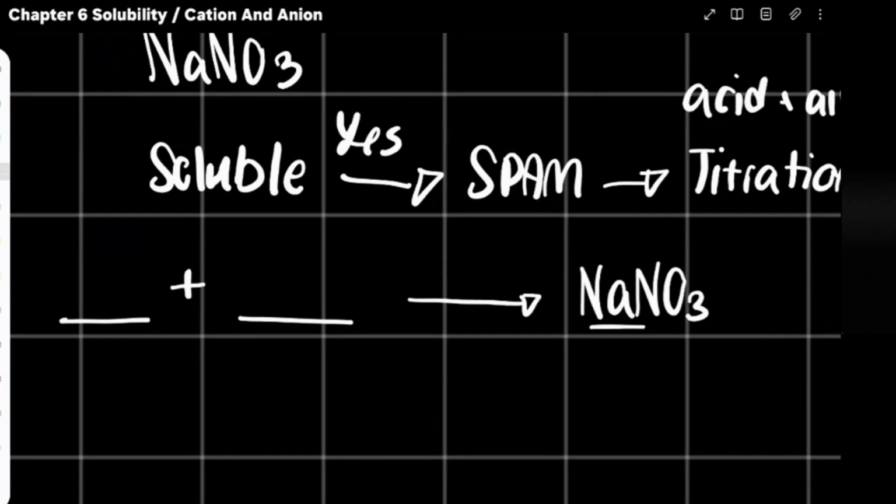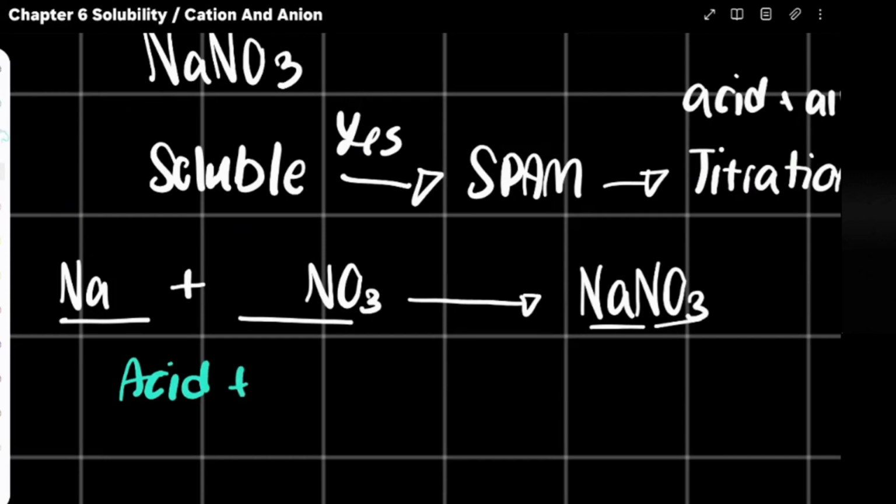So Na, NO3. We want something that is soluble. Both of these have to be soluble, right? But you have to choose an alkali and an acid.